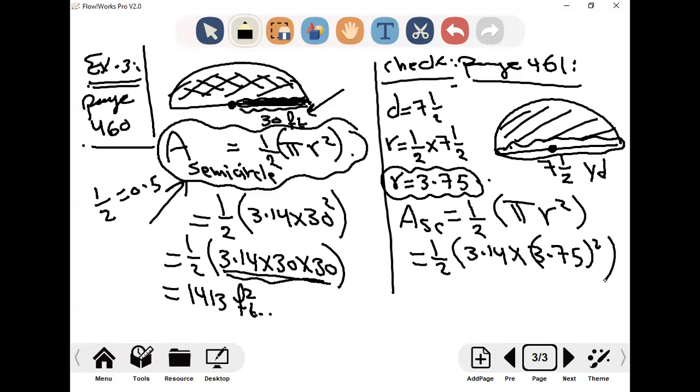This is equal half multiplied by 3.14 multiplied by 3.75 multiplied by 3.75. For sure, I would want to bring you a question like that without letting you use the calculator, because calculating these three or four numbers, then dividing by 2, takes a lot of time.